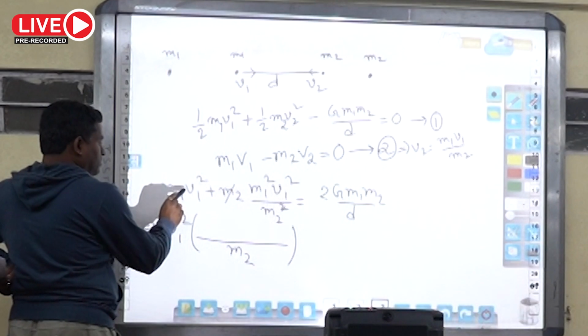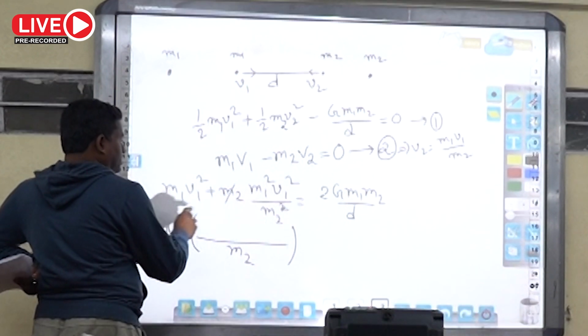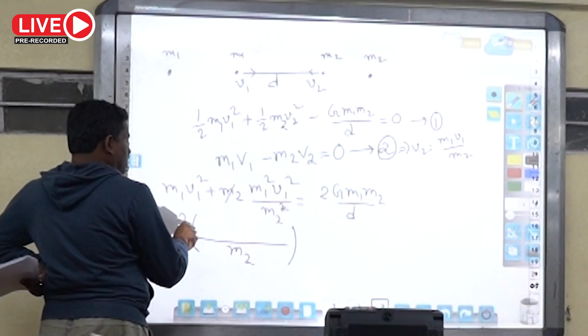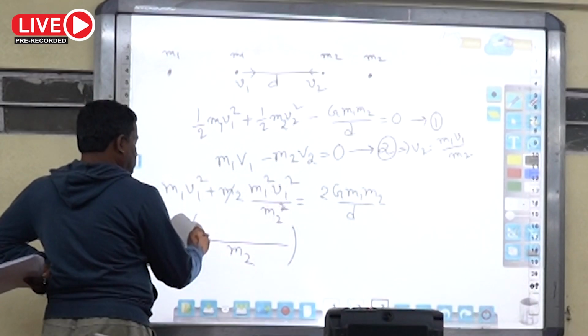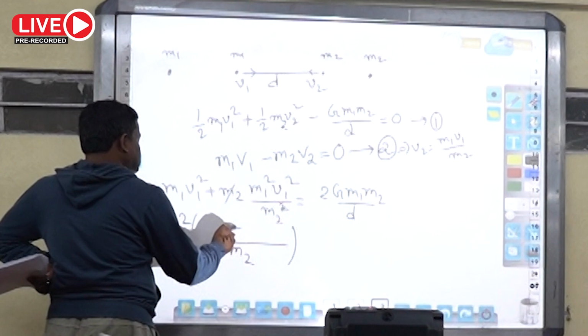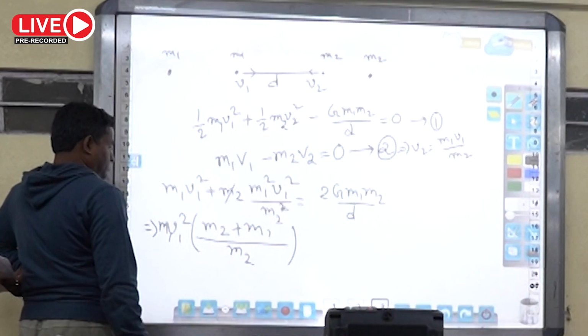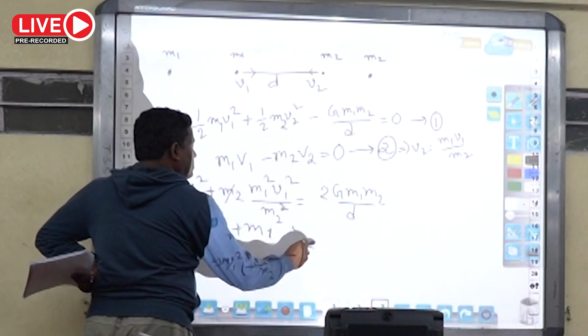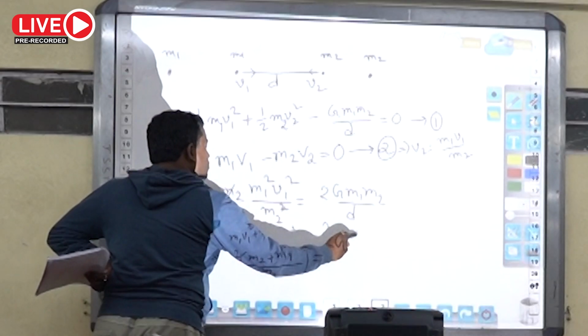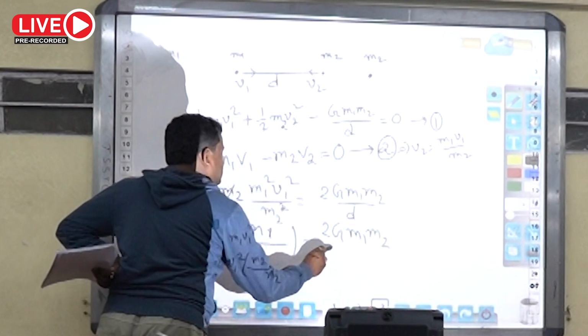So V1 square taken common, this term will be 1 and this term will be M1 by M2, then it will be M2 plus M1 over M2. And this term will be 2G M1 M2 by D.